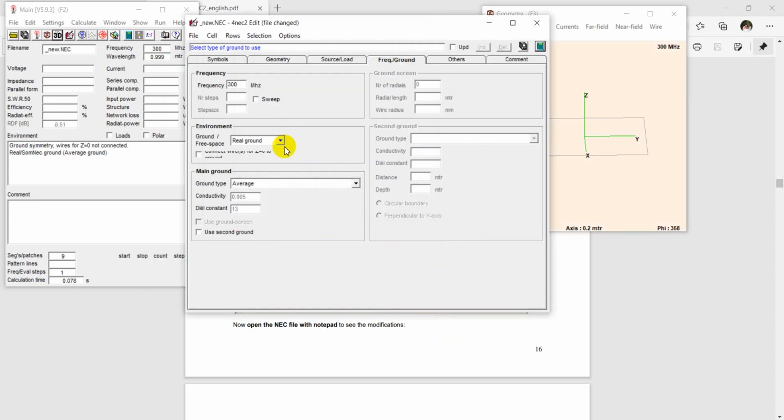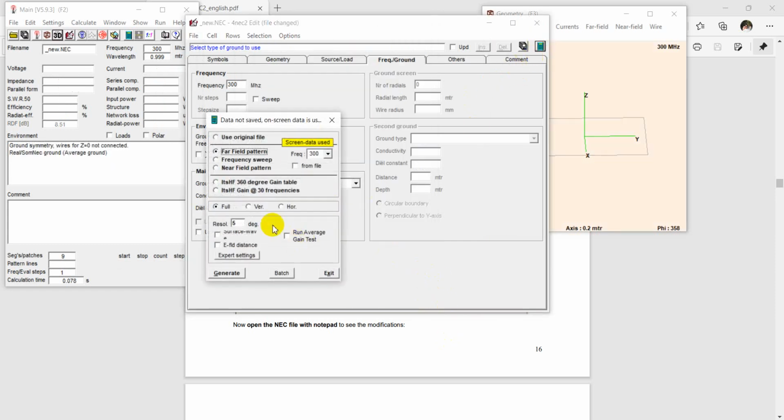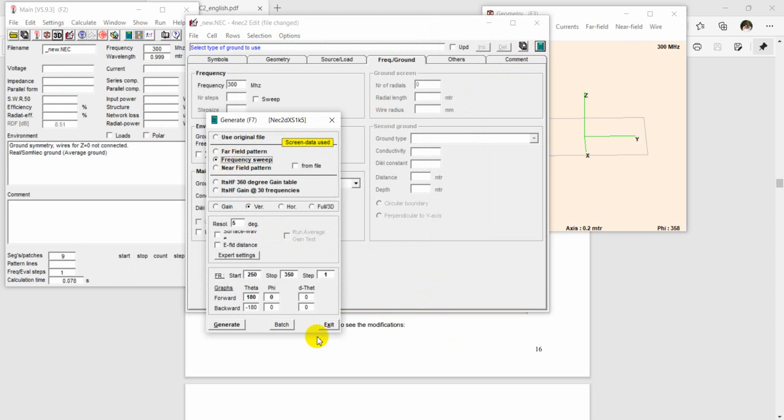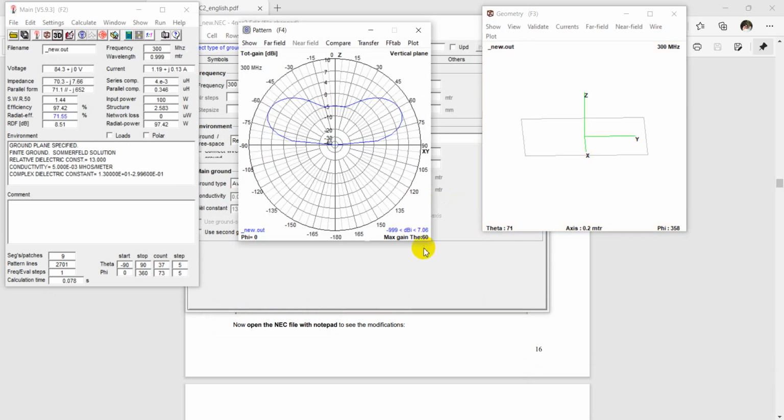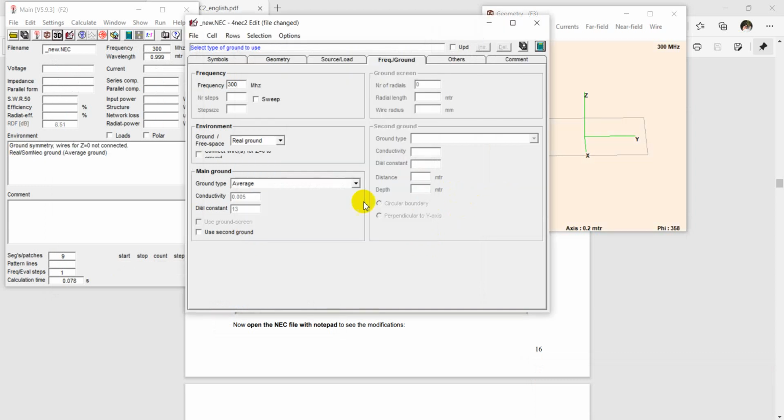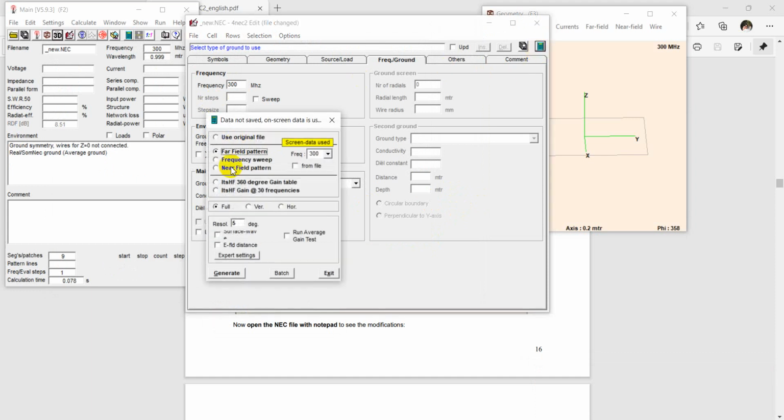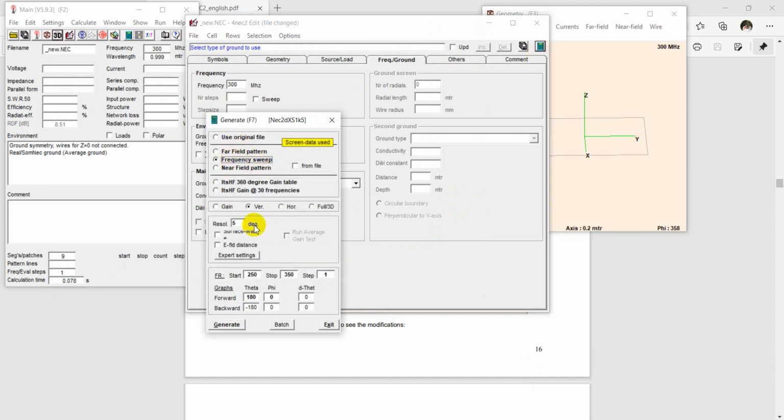So now we can design a frequency sweep, but before that you have to see at which angle the gain is maximum, which is 60 degrees, and phi is 0 degrees. Then in the running section you have the frequency sweep, and you can set the frequency.